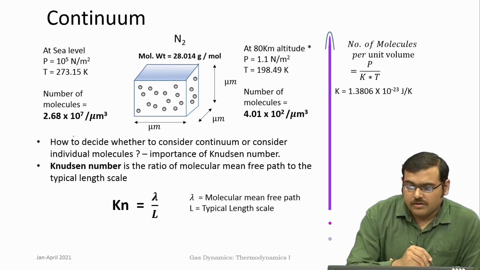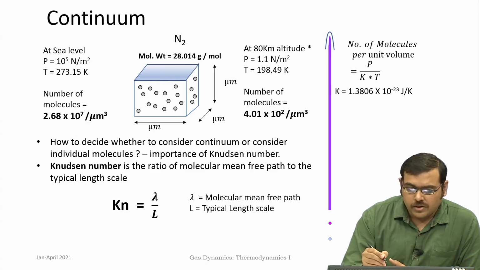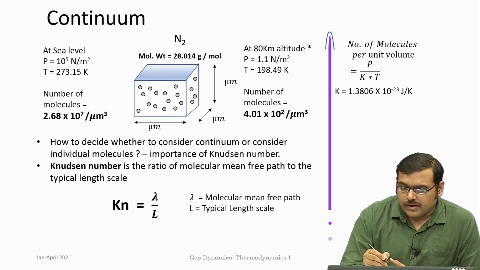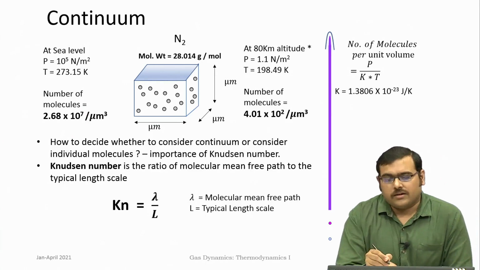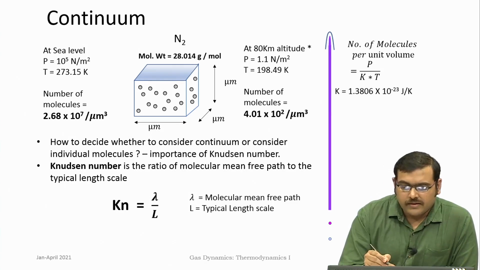But at the same time, if you go to an altitude of around 80 kilometers in the Earth's atmosphere, the pressure drops significantly, the density drops significantly, and the number of molecules drops quite significantly.